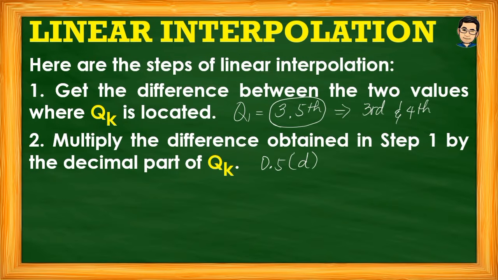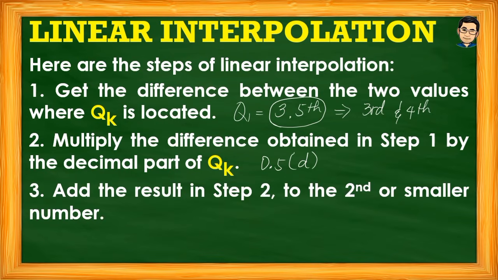Okay. So, for the next and last step, add the result in step 2, the second or smaller number. Okay. So, di ba, pag minultiply natin yung nakuha nating difference doon sa decimal part ng Q sub K, kung ano man yung kinukuha nating position, i-add natin yon doon sa value na mas mababa. Okay, so 'di ba, yung 3.5 nasa pagitan siya ng third and fourth data.